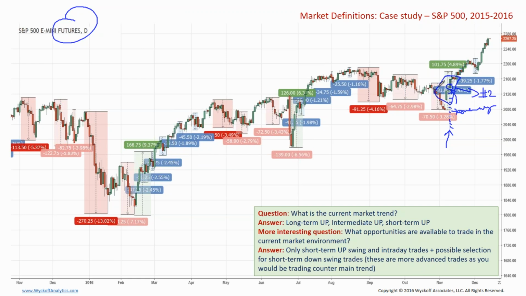Our first point of entry was on this bar right here after the reversal of the potential phase C, which I think is going to be extremely difficult to enter just on the anticipation of the election. So personally, all of my trades were done, and I was just waiting for the election day to happen.